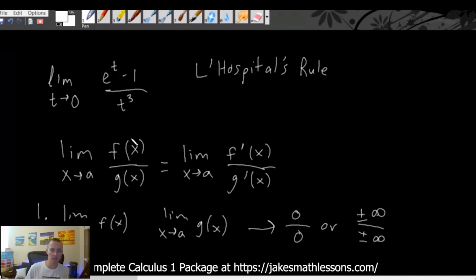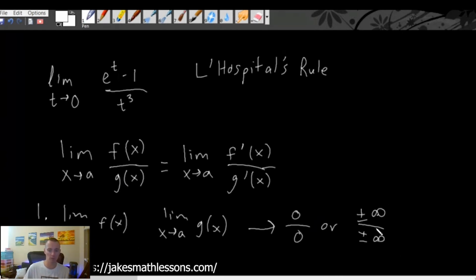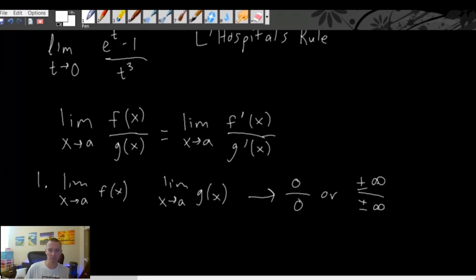So as long as the top and the bottom of this fraction both go to 0, or both go to positive or negative infinity as x goes to a, that's the first condition. We know that we may be able to use L'Hopital's rule.